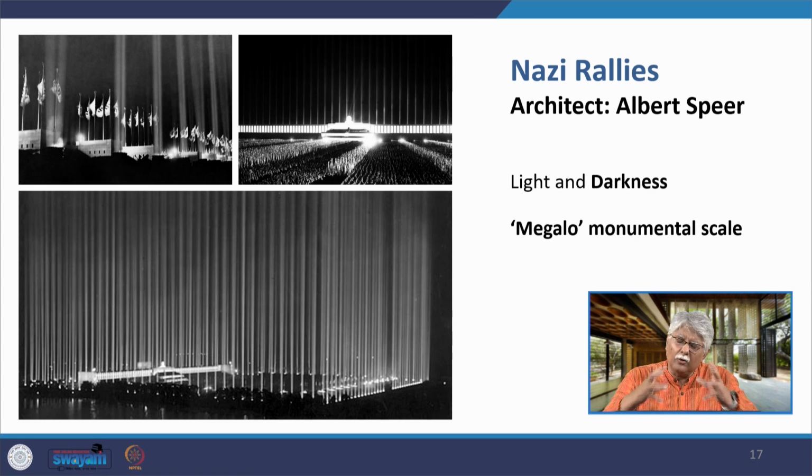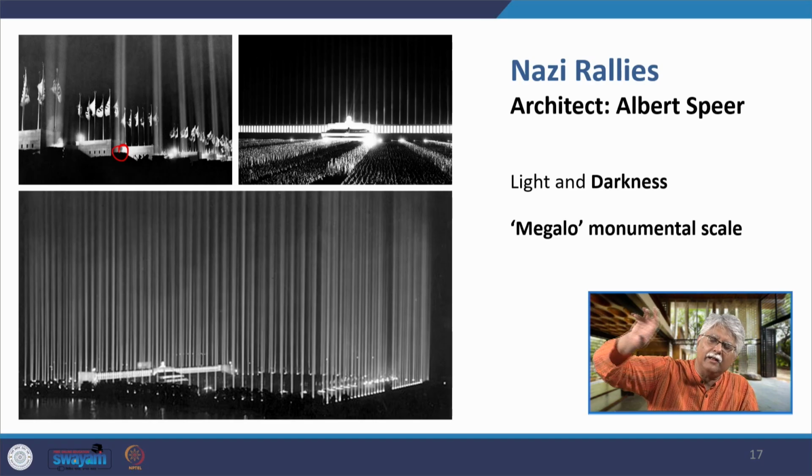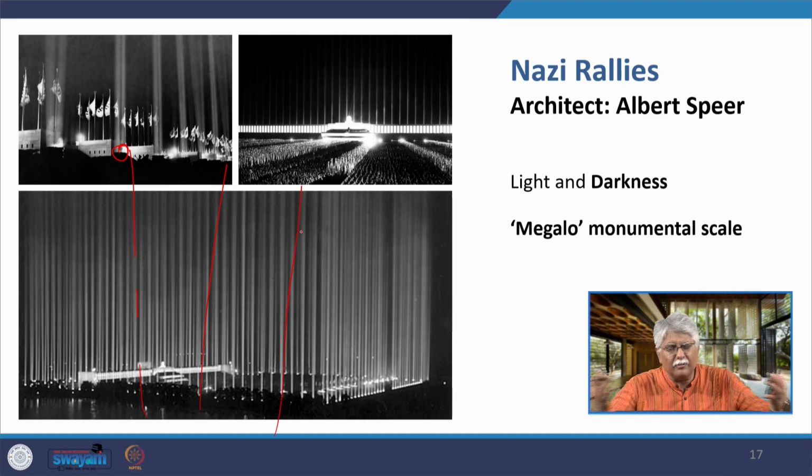And in order to have their rallies, what he thought was that these lights, which are used to project towards the sky to see enemy aircraft when they are flying in the sky, these huge spotlights, they raised them straight up so that the light would just go straight up like that, and when they put a large number of them in a pattern, it would form a monumental cuboid, a monumental room, and in that their large Nazi rallies would be held.